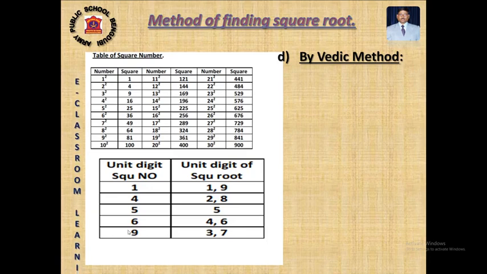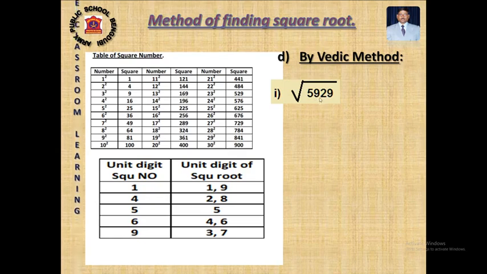Now 9, how can I get 9? 3 times 3 is 9, or 7 times 7 is 49. So the unit digit may be 3 or maybe 7. Clear? Now this table you have to apply in this case. Let's see. I have to find the square root of 5929, okay, quickly without any calculation.